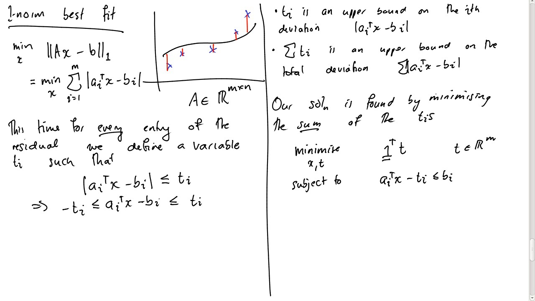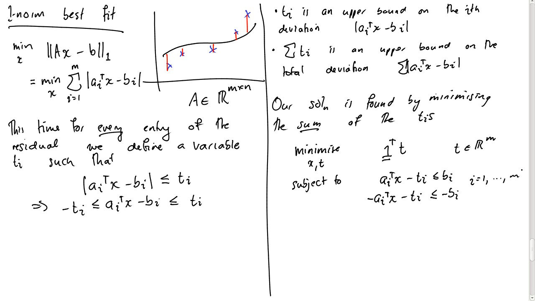Once again, I'm just rearranging these two inequalities and putting the ti's on the same side as the x's to put all the variables together. And the other half gives us negative ai transpose x minus ti is less than or equal to negative bi. And for each of these we've got i equal to 1 through to m.